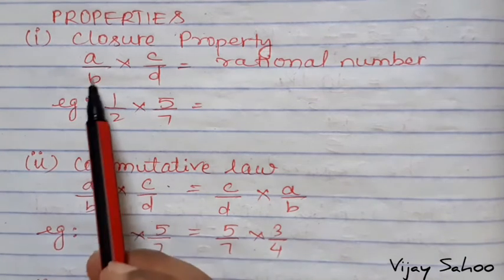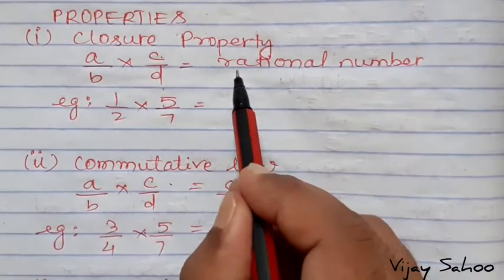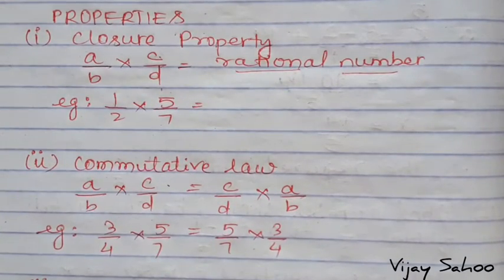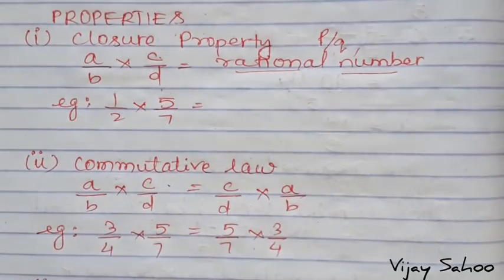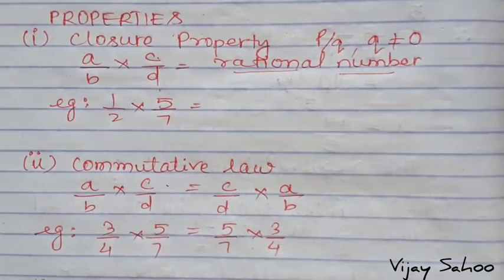So if I multiply two rational numbers, I am going to get a rational number in each and every case. A negative number can also be a rational number, and a positive number can also be a rational number. What is the basic criterion for a rational number? It should be in the form of P by Q, and Q should not be equal to 0.